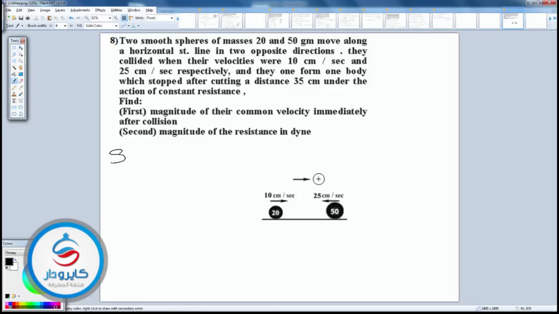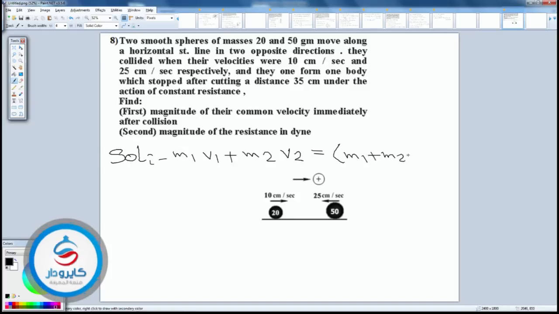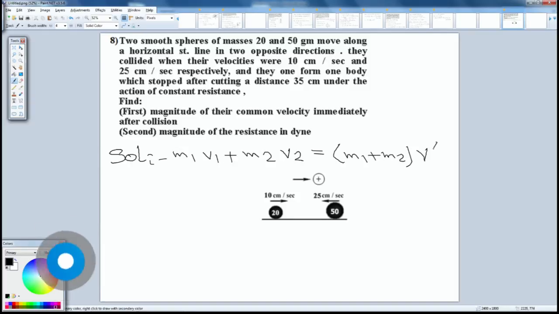Solution. From the figure, M1 V1 plus M2 V2 equals M1 plus M2 V dash.